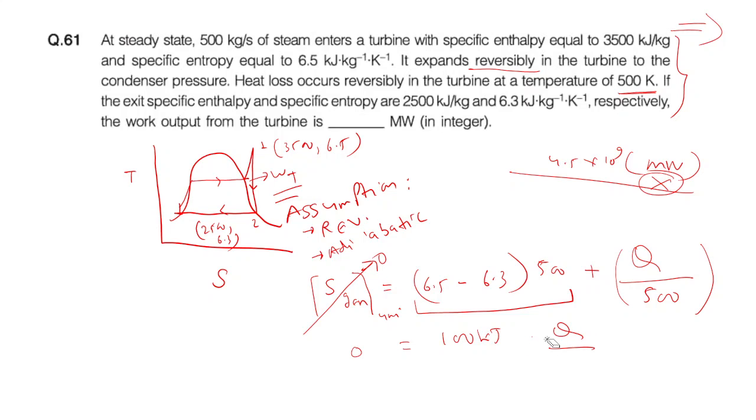So we take this side minus Q by 500, and 500 would be multiplied here. It is in kilojoule, so convert that to mega. So 50 megawatt would be the heat transfer, right?